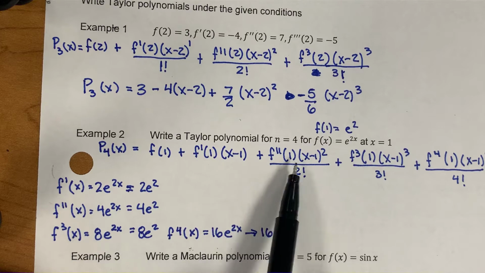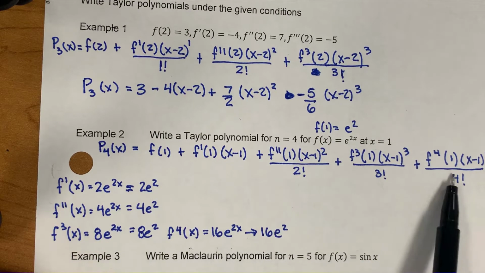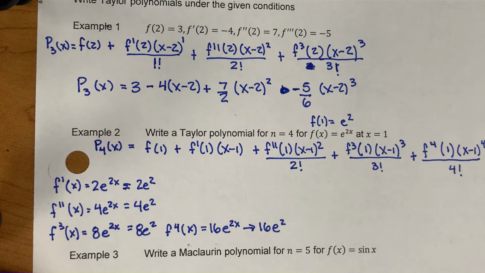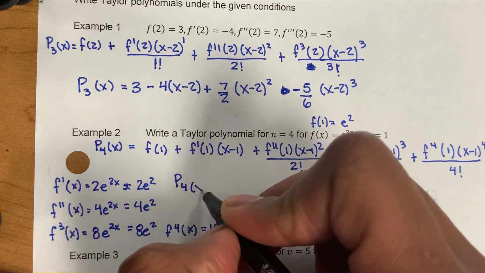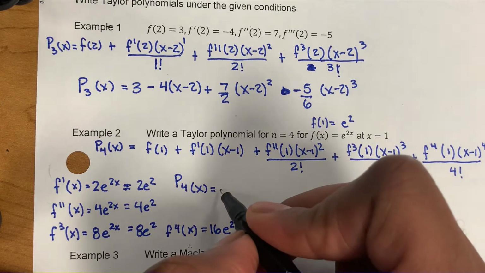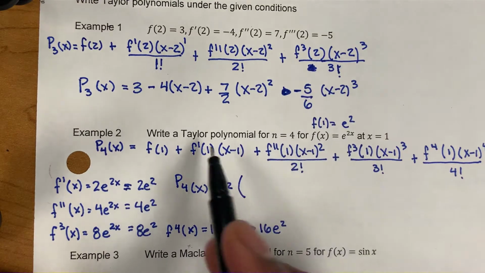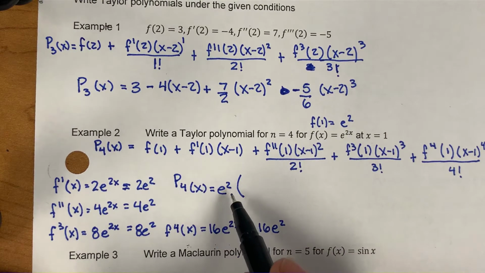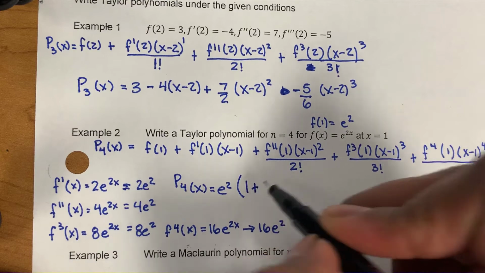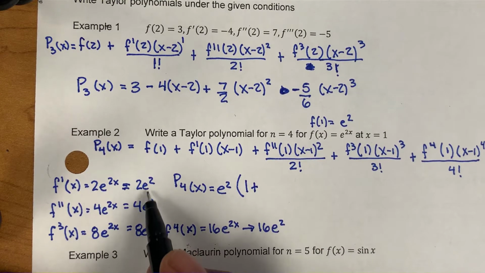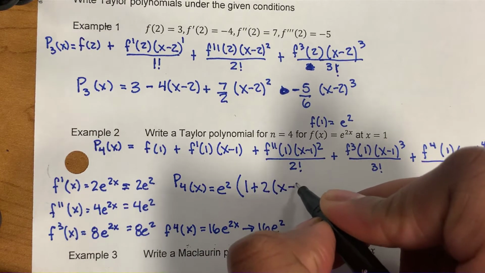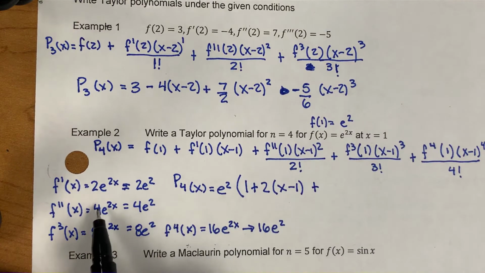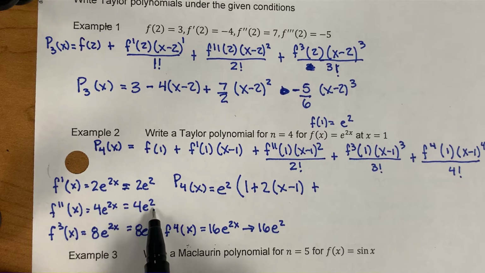So every constant in this expansion has an e squared involved. So what we're going to do is factor out that e squared so that we get P4 of x equal, so we factor out our e squared. That means that instead of the first term being e squared, we divided it by e squared and we get 1 plus, then all of these other terms we've taken e squared from, so we're going to have just plus 2 times x minus 1 plus the second derivative is going to be just 4 instead of 4e squared.